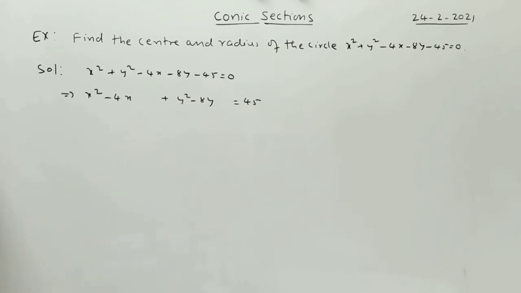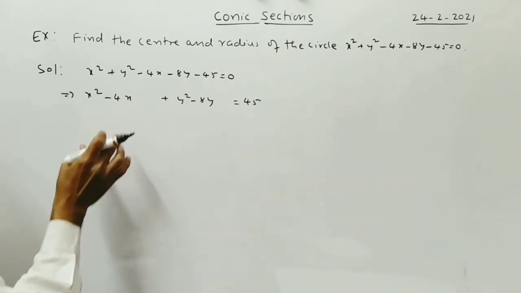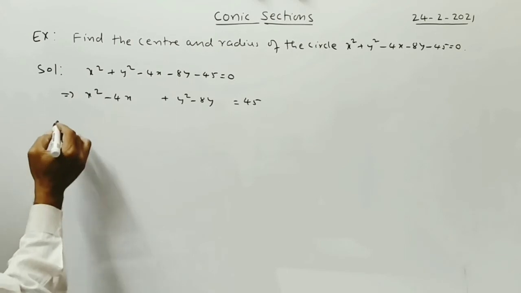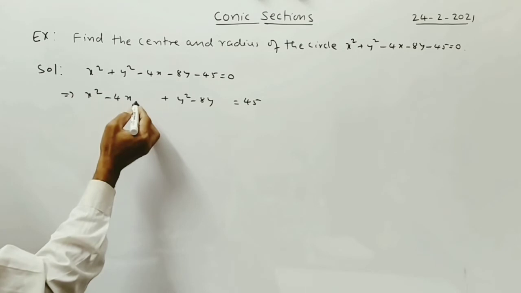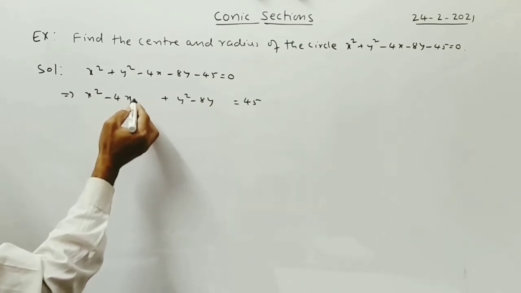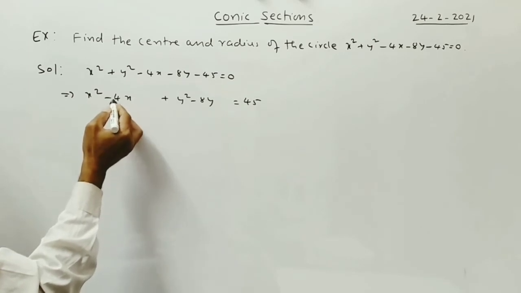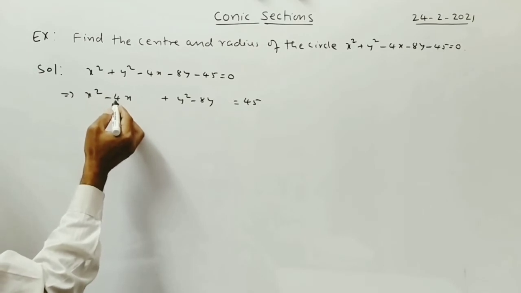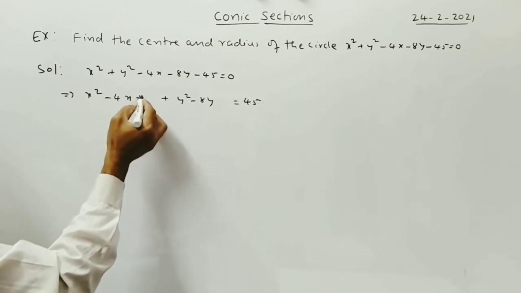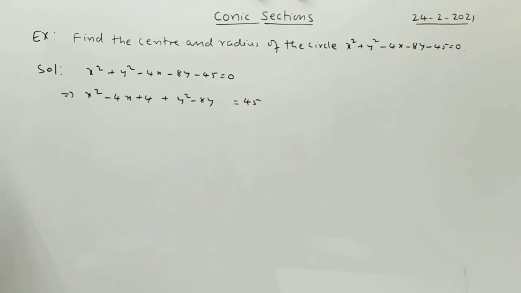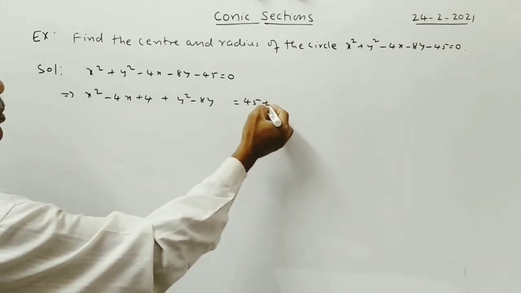Left side try to make sum of two perfect squares. So to make perfect square, we are supposed to add square of half of coefficient of x. What is half of coefficient of x? Minus 2. What is its square? 4. To balance that, right side also we are supposed to add 4.